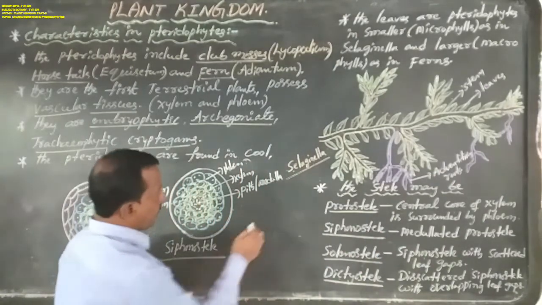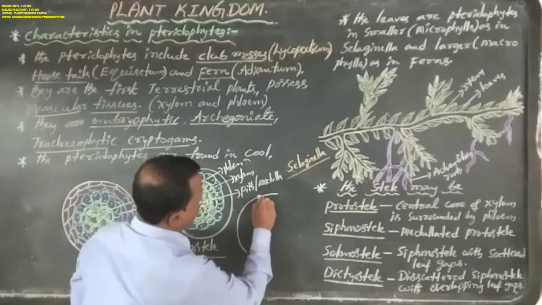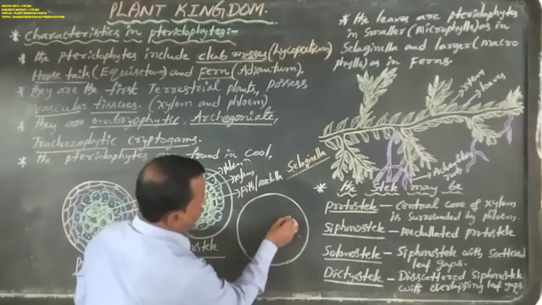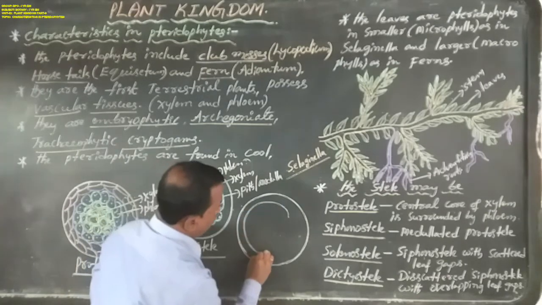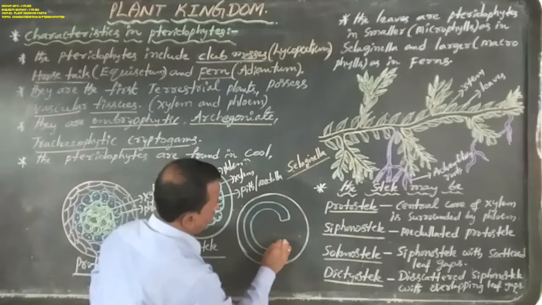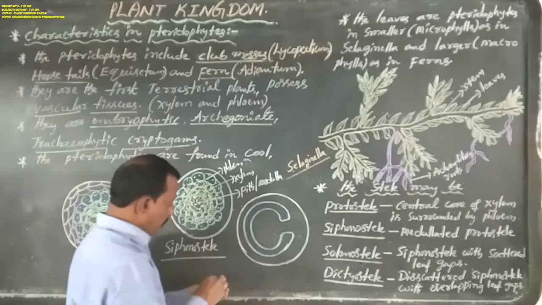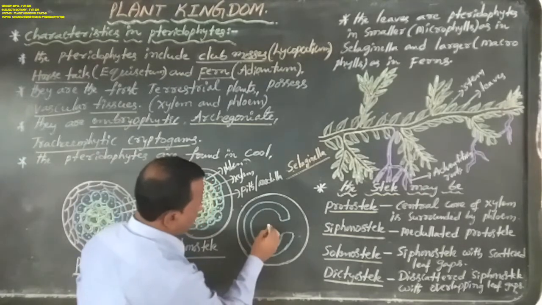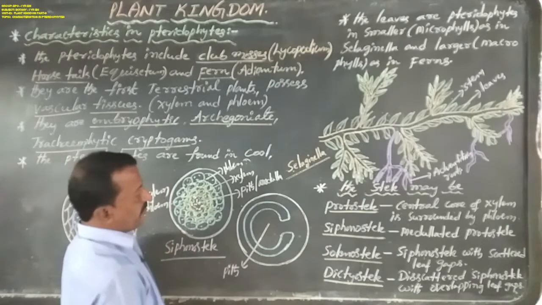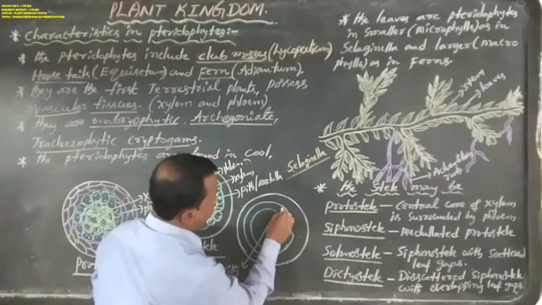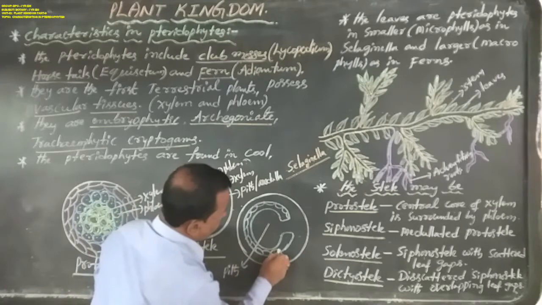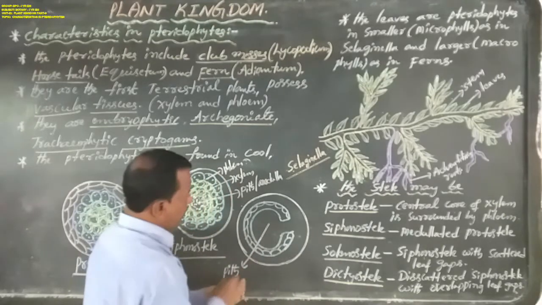Here is solenostele. This is a stele, and this is the endodermis. This is the pith, this is phloem, and this is also xylem.